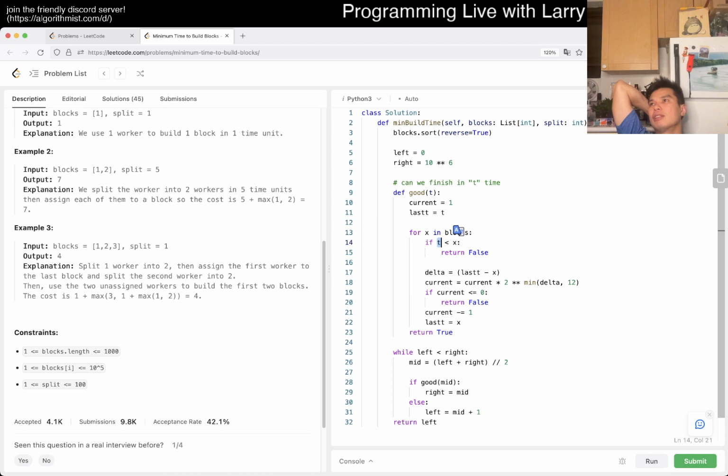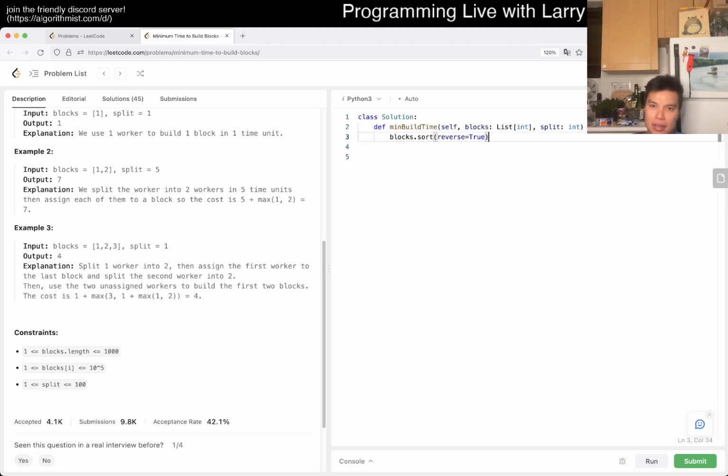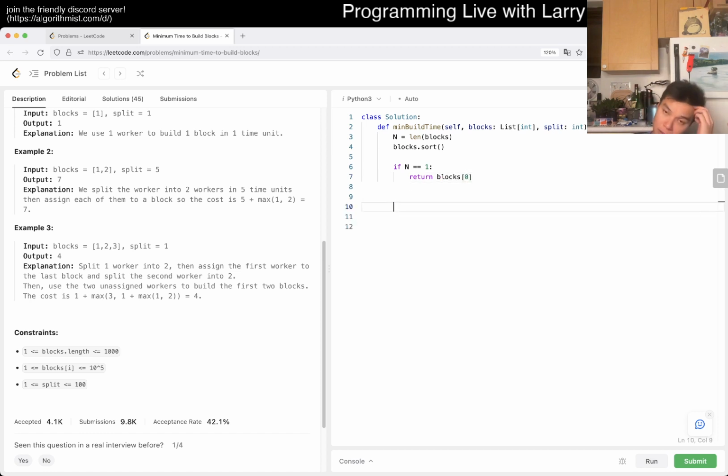You start with 1. I guess maybe there's an n squared without the binary search. Let me think about it a little bit. Otherwise, let's see, right?